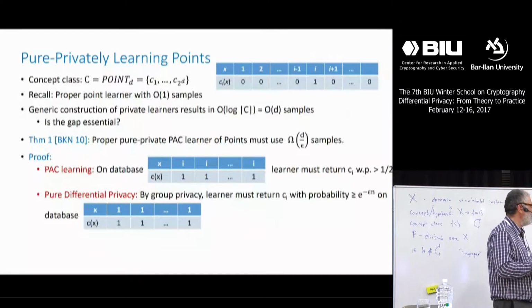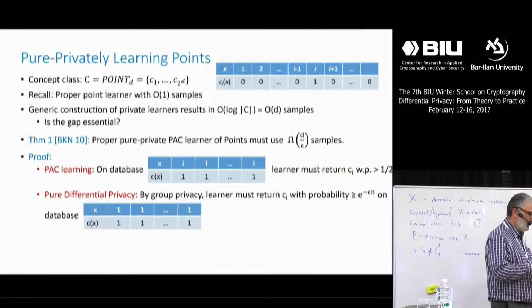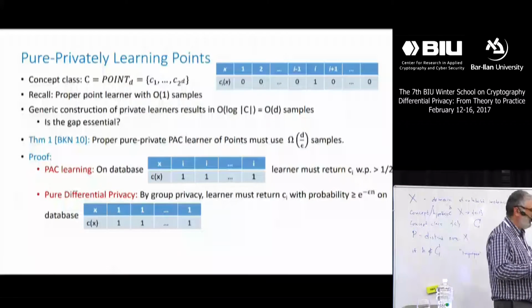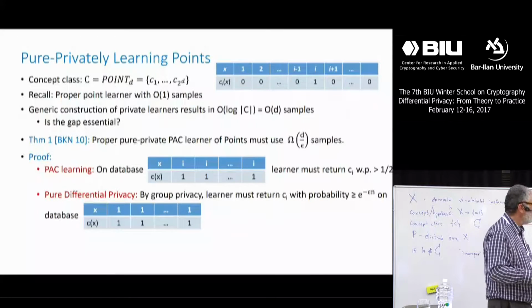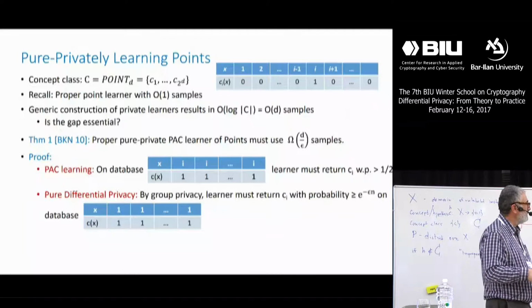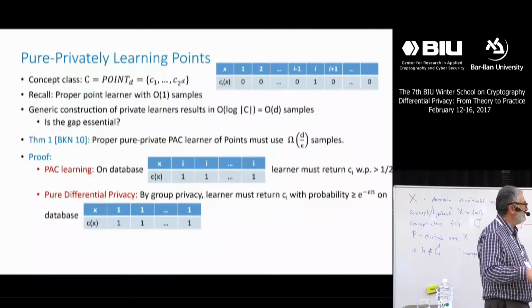So this is exactly what we want. And now, by group privacy, if we put this input into the learner, it still has to output something that is good for the original input with probability that goes down exponentially with epsilon and n.